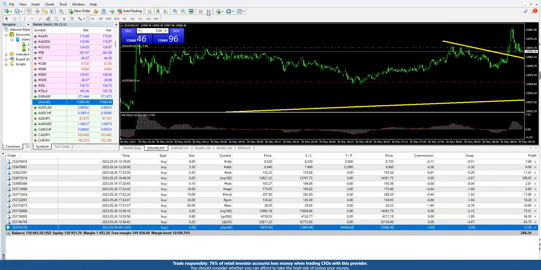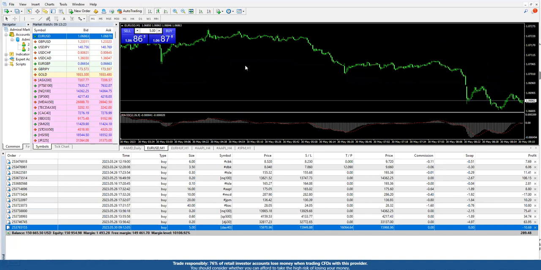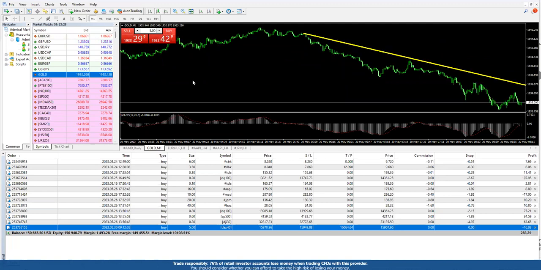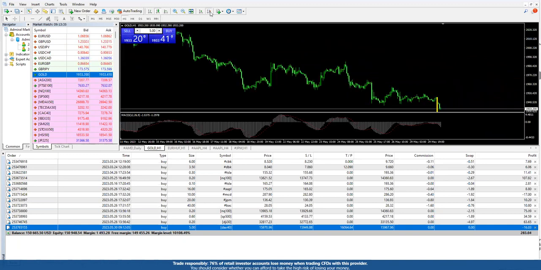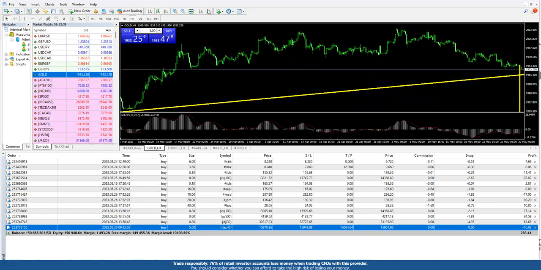Until we wait, maybe we can check other products. Euro dollar is still going down, unfortunately. Let's go to gold. Still a bearish trend. Let's check the H1 chart. There is no support here. Let's check H4.